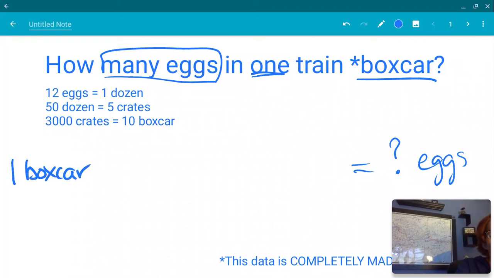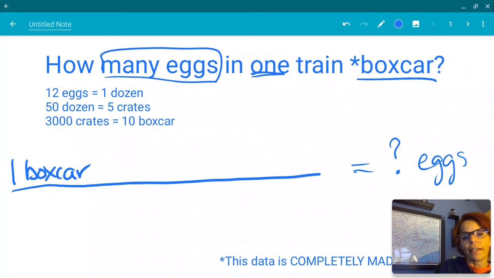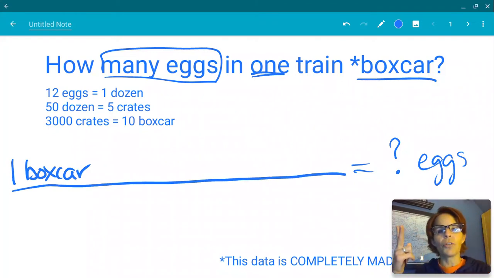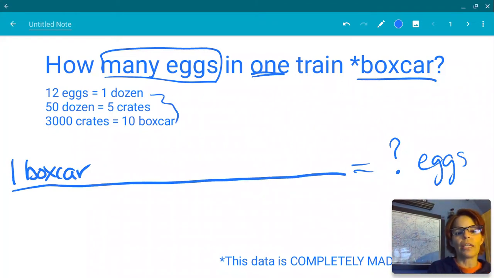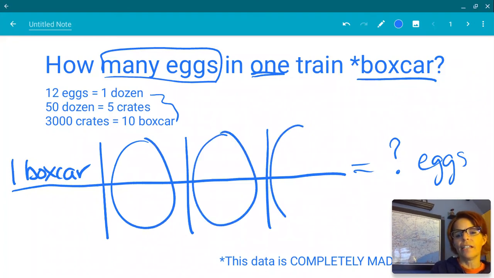Now, there are several different ways of showing these conversion factors. I'm going to draw a line like this, and I happen to know that we're going to need to use all three of these conversions. I'm going to have a conversion factor here and here and here.